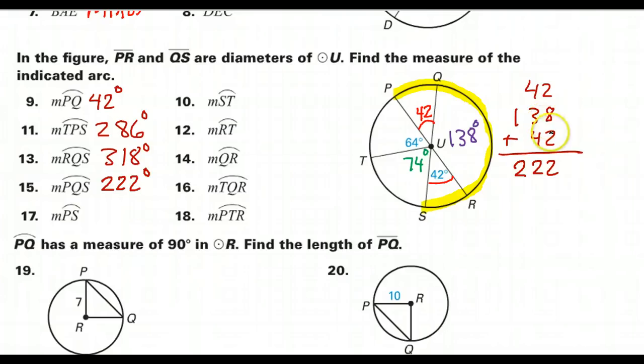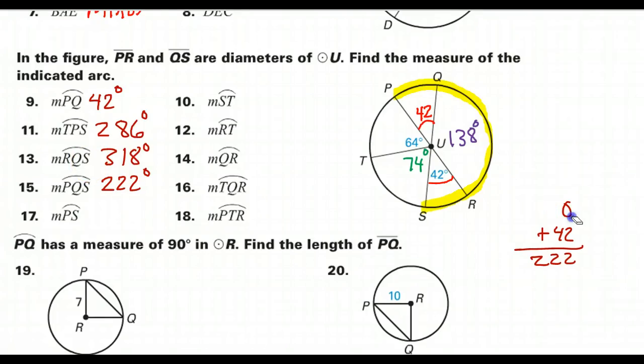If you just want to do slightly less writing, you could realize that the 42 and the 138, that's a semicircle. So you really could have just done 180, because from here to here, that's 180 degrees, plus 42. That would be just the same thing. Just a little quicker, just trying to give you all the shortcuts and clues. And finally, arc PS. Remember, if it's only a 2-letter designation, that means we're going the short way around, the minor arc automatically.